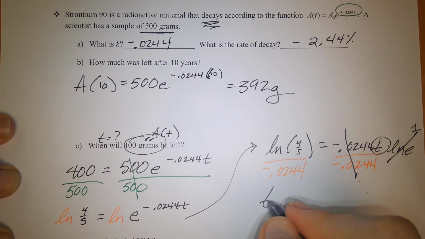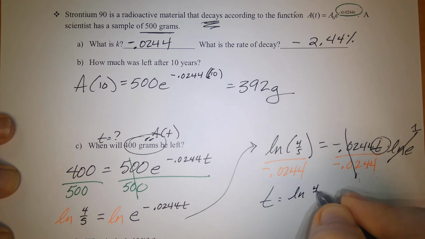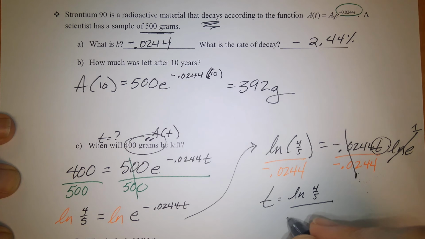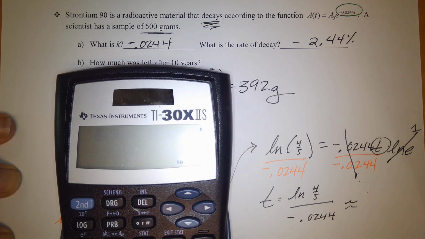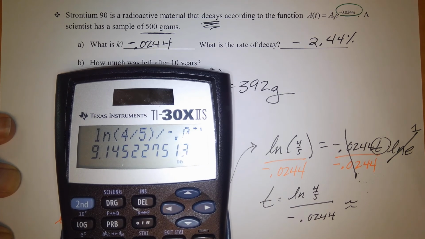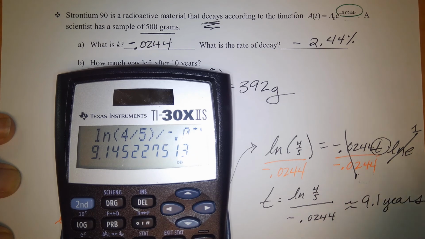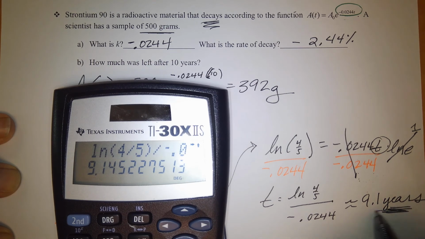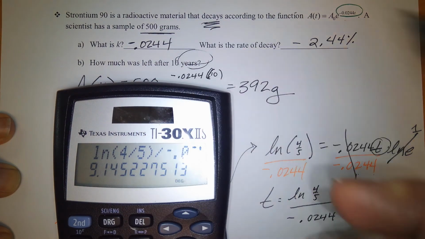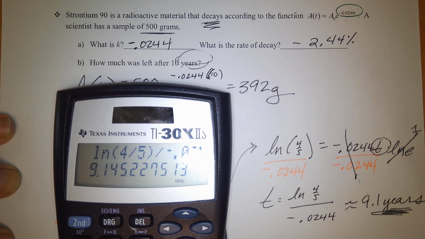So t is equal to natural log of 4/5 over negative 0.0244, which is approximately how long? So natural log of 4/5 divided by negative 0.0244 will take us 9.1 years. Remember, the unit of time must match the unit of time that was given to us in the original problem.